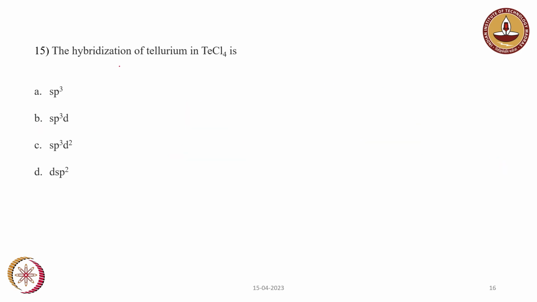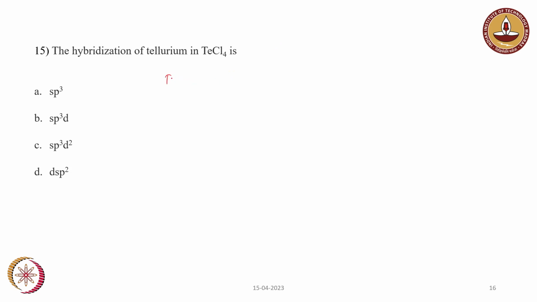The next question is: the hybridization of tellurium in TeCl4 is option A sp3, option B sp3d, option C sp3d2, and option D dsp2. Tellurium is in the group of oxygen, so the valence electron count is 6. So ns2 np4 configuration.